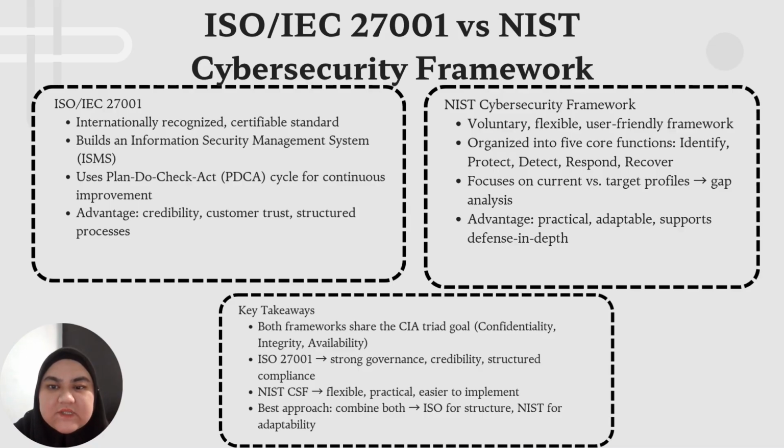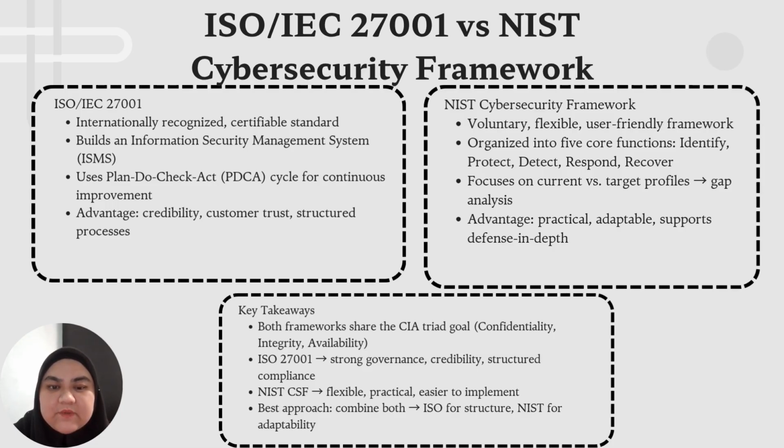Its main advantage is credibility. Certification shows customers and partners that the company takes security seriously and follows a structured process. On the other hand, the NIST cybersecurity framework is voluntary, flexible, and very user-friendly. It's organized into five core functions: identify, protect, detect, respond, and recover.